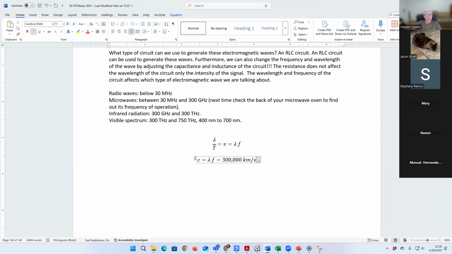If you choose, for instance, a frequency of 750 terahertz, let's do this math. A nice simple problem. Find the wavelength of an electromagnetic wave that has a frequency of 750 terahertz.